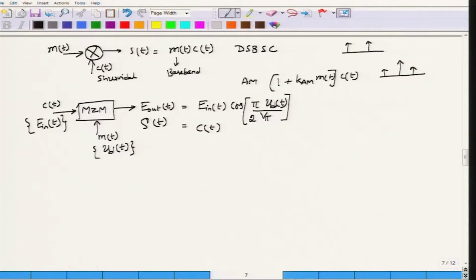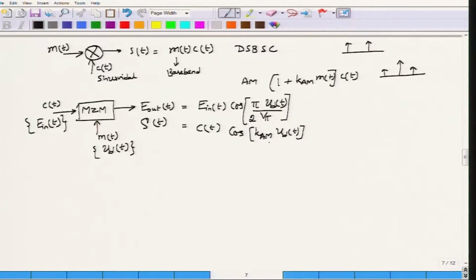If you map m of t to u_d of t, the sinusoidal carrier c of t to the light input electric field E in of t, and S of t to E out of t, this is the relationship that you get: c of t into cos of some constant, which we can call K_AM, times u_d of t.